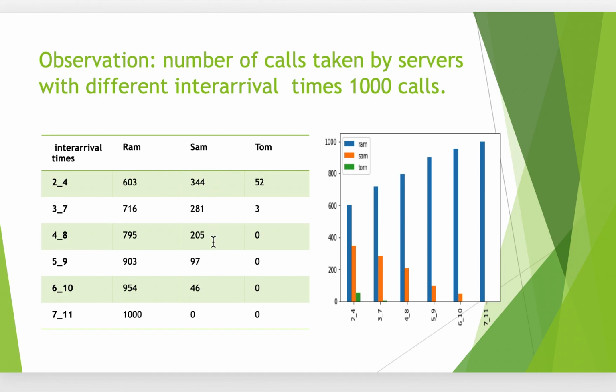The number of calls taken by Sam is decreasing, and for Tom it is almost zero. So the observation is that if the inter-arrival times increase, the calls are taken by only the first server, which is RAM.